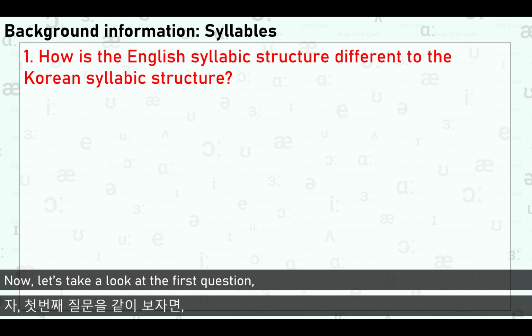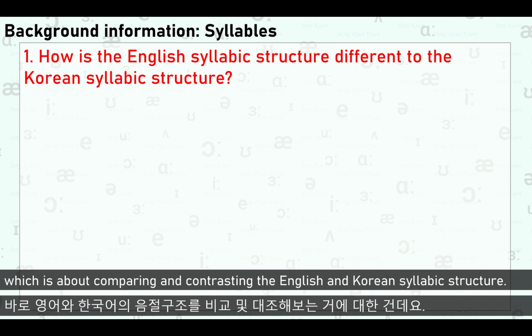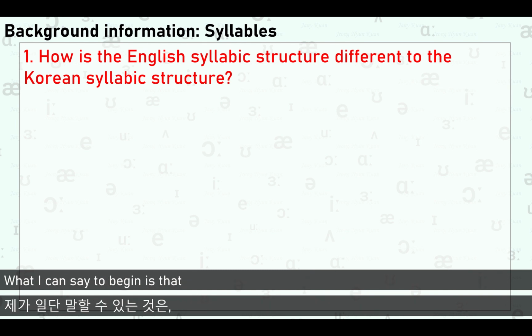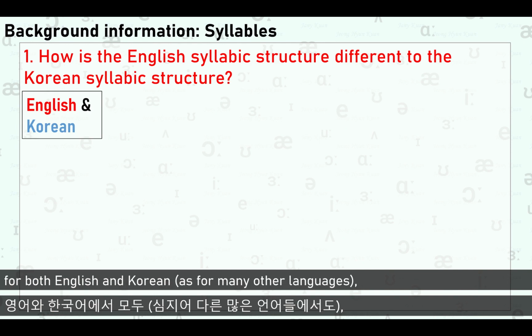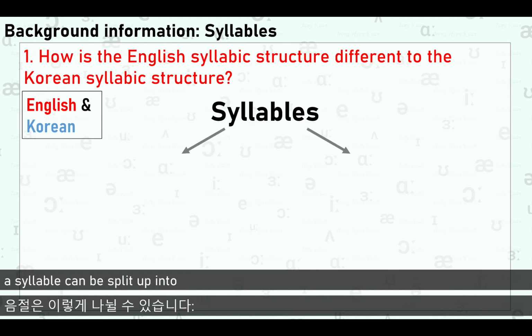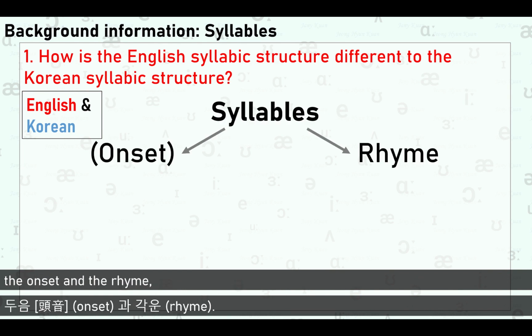Now, let's take a look at the first question, which is about comparing and contrasting the English and Korean syllabic structures. What I can say to begin is that for both English and Korean, as for many other languages, a syllable can be split up into the onset and the rhyme.